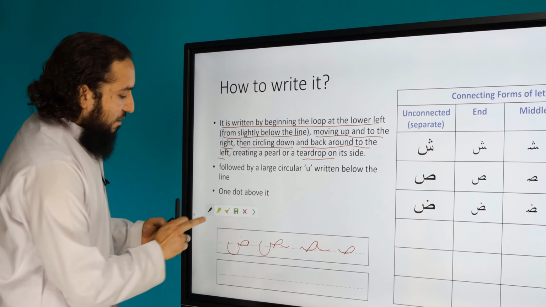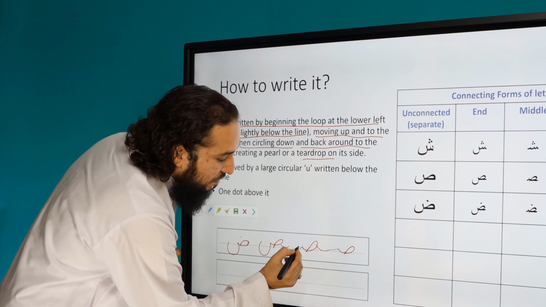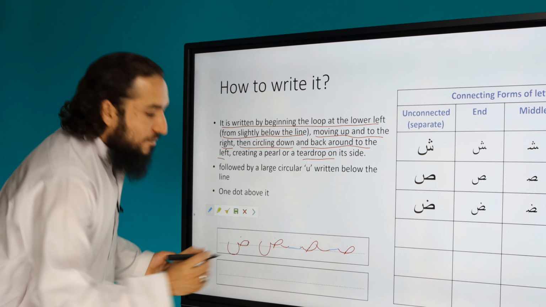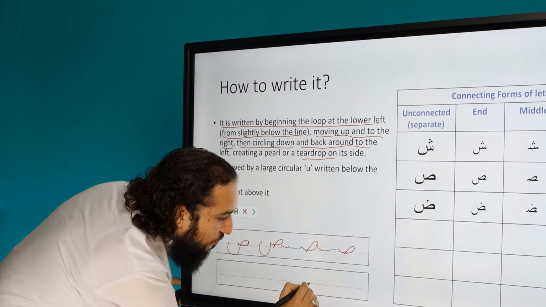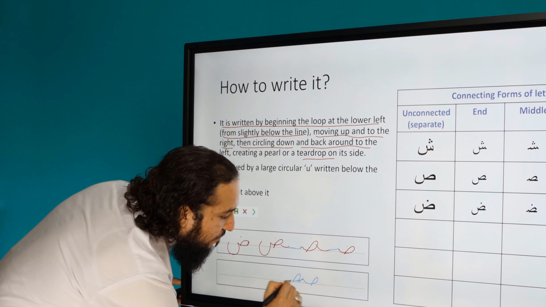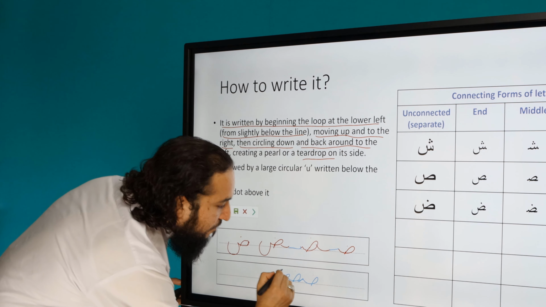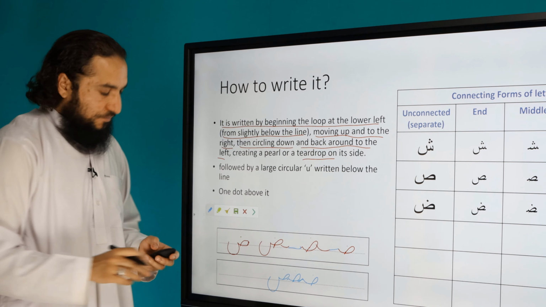So can we connect them? Yes, we can. We can connect them because they are connectors. So that's how we write it.